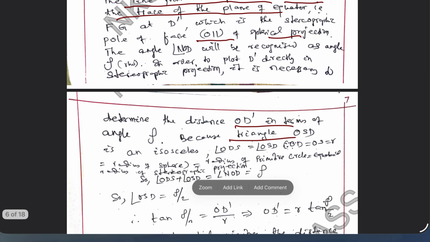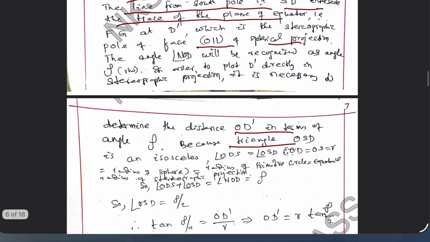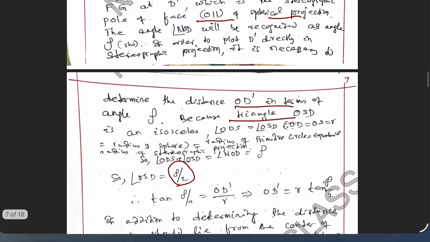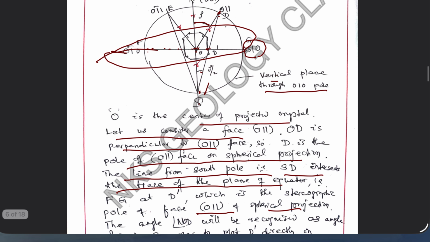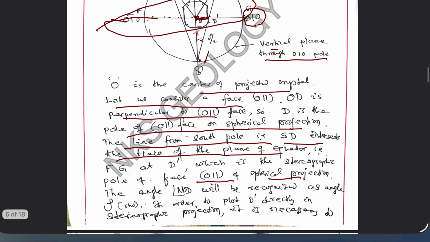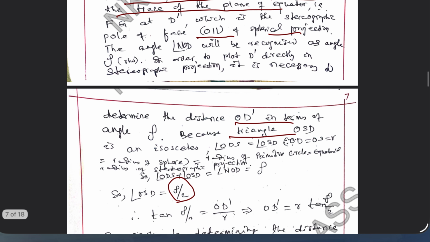So OSD will be rho by 2. Then we want to find this distance. This is a right angle triangle, with these two sides perpendicular to each other, so OD dash can be found from that.